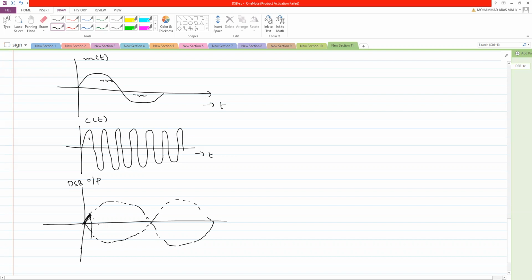So it will come from here to here, then this will be like this. Then a little bit of conduction, then this, then a little bit of conduction, then similarly this, then this, then this one, then this, then this. Similarly, for the negative half, it will be like this.